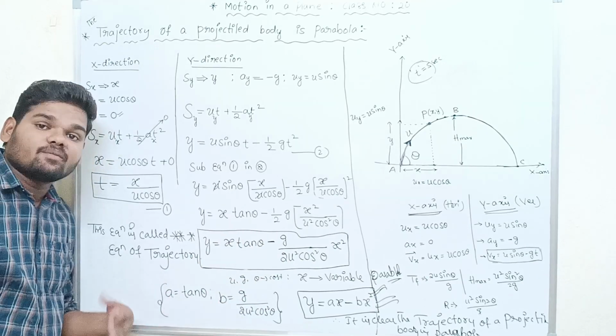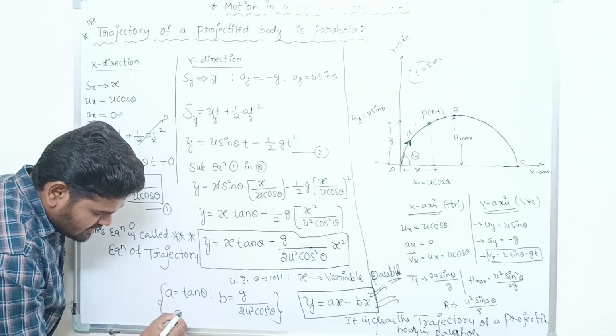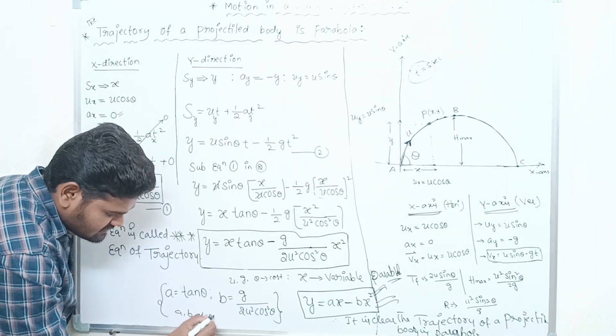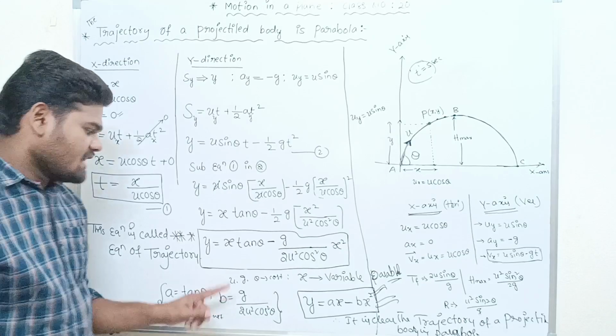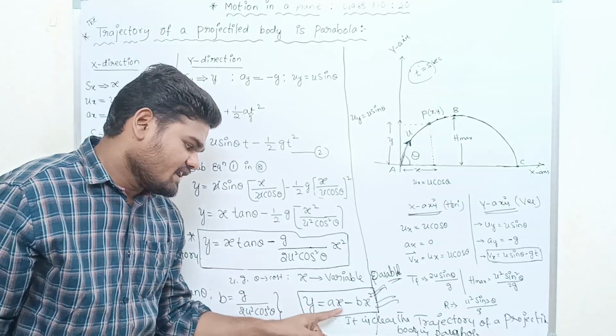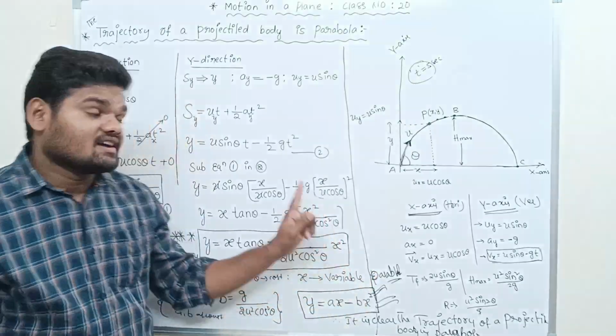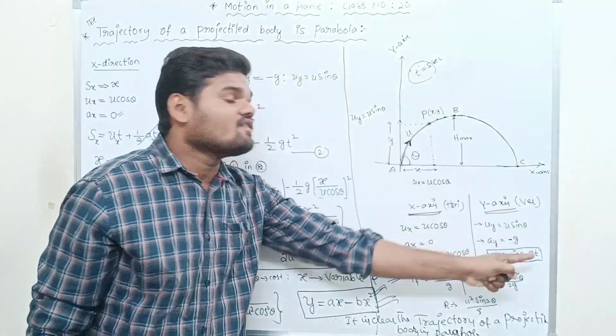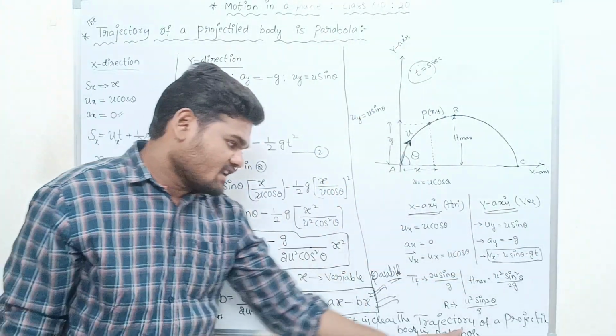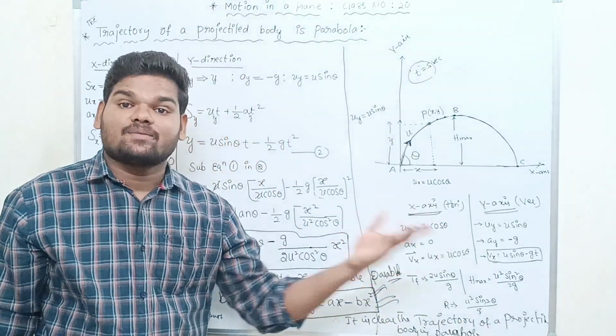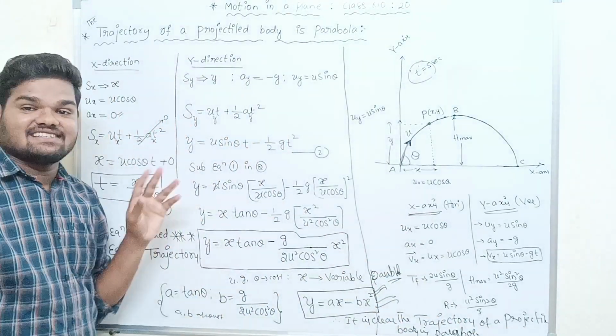Where a, b are what? Constants. So after substituting a and b here, we got y is equal to ax minus bx square. This equation shows the equation of a parabola. So the trajectory of a projectile body is what? Parabolic path. That's it. Simple thing.